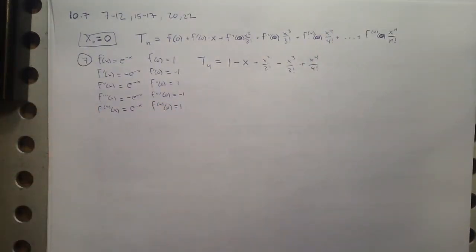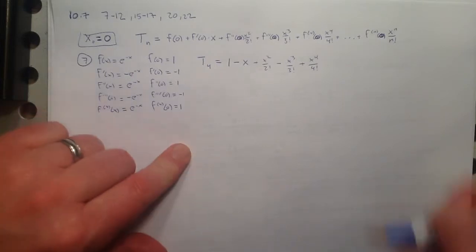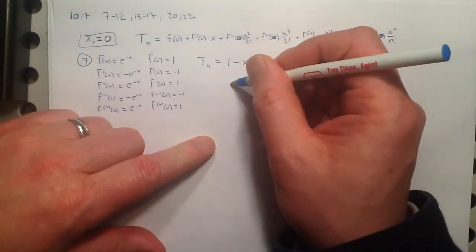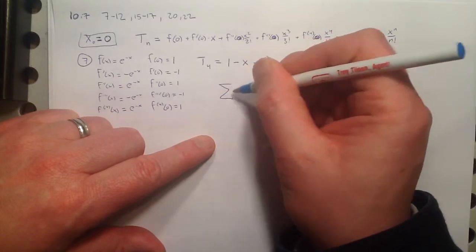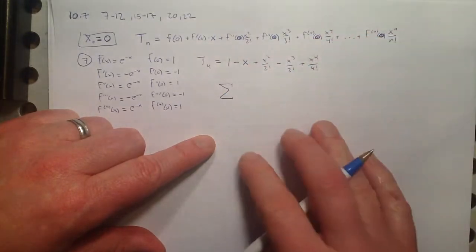And then they're asking me to write what is the nth Maclaurin polynomial in sigma notation. And let's see if we can do that. This is a very important skill for us here.